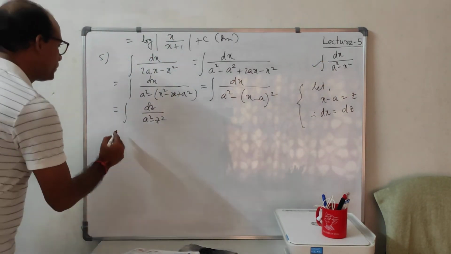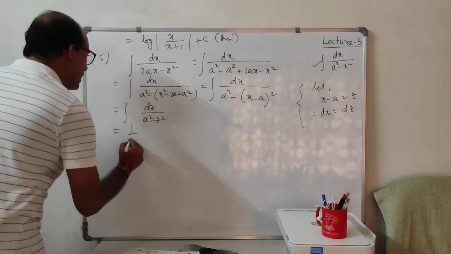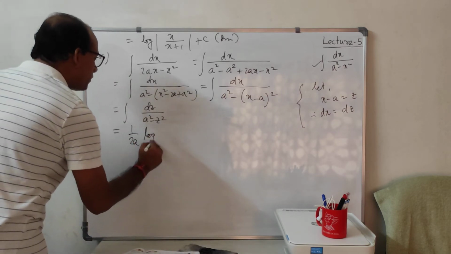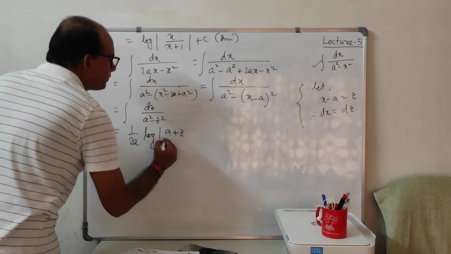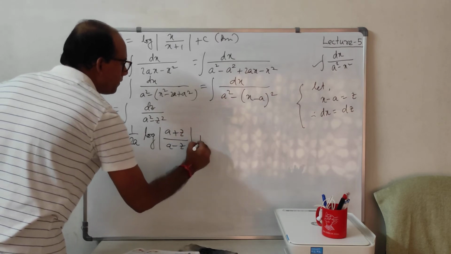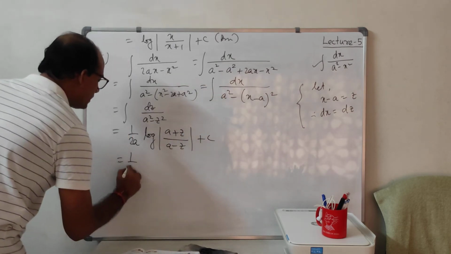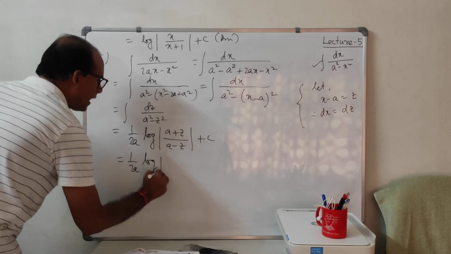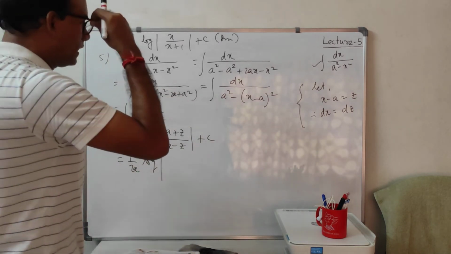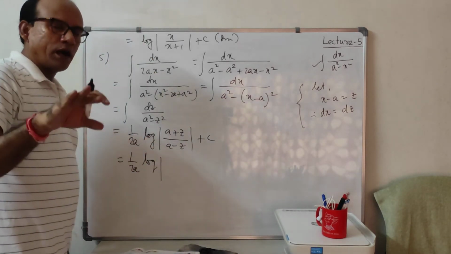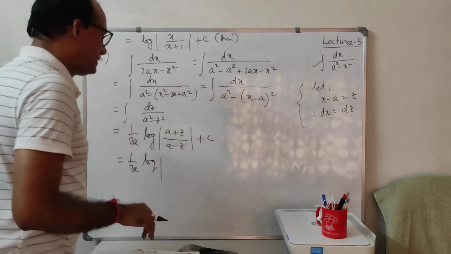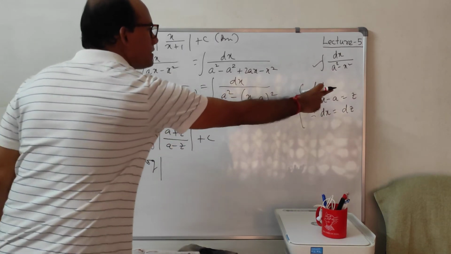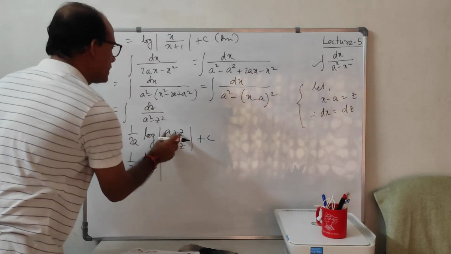See, just put the standard integral, which was 1 by 2a log mod (a plus z) by (a minus z) plus c, equals to 1 by 2a. Always you have to bring back the original variable, otherwise marks will be deducted. So z, what is z? x minus a. Just put x minus a.